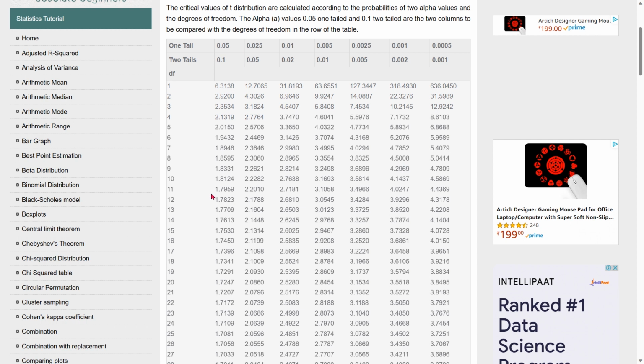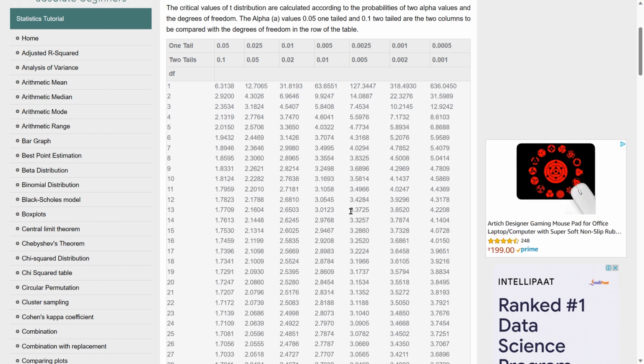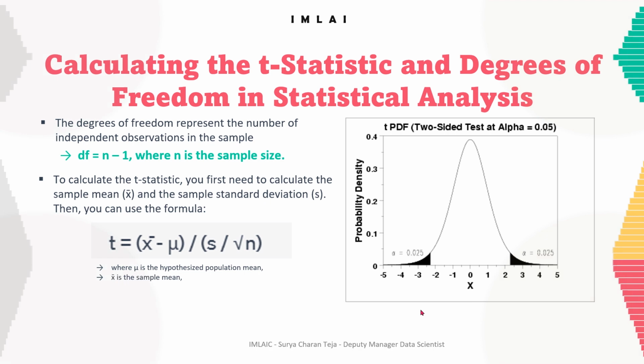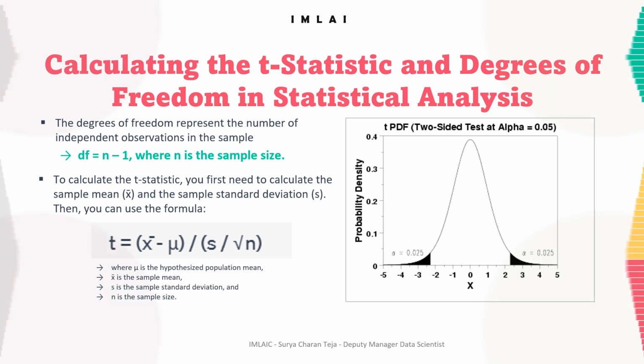So you can take more examples from here. So in summary, to calculate the t distribution, you need to know the degrees of freedom and the value of the t statistic. The degrees of freedom represent the number of independent observations in the sample and are calculated as the sample size minus 1.